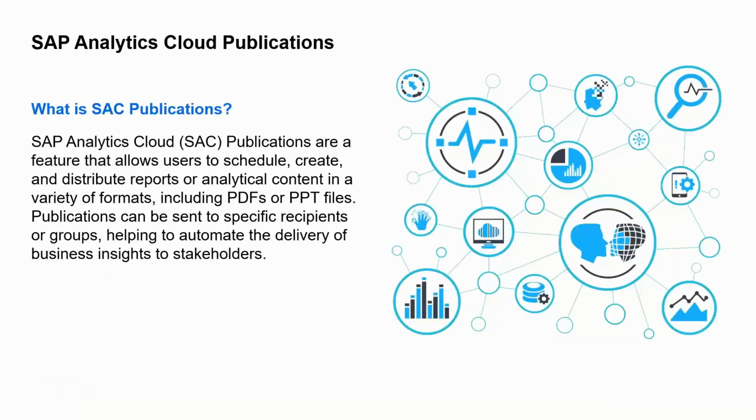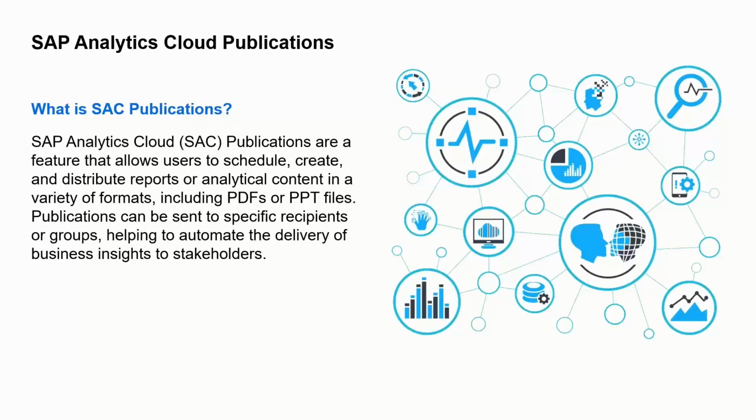So first and foremost, what is an SAP Analytics Cloud Publication? It's really a feature that allows users to schedule, create, and distribute reports in a variety of formats. So PDFs, CSV files, PowerPoint, and they could be sent to specific recipients or groups in an automated way, right?